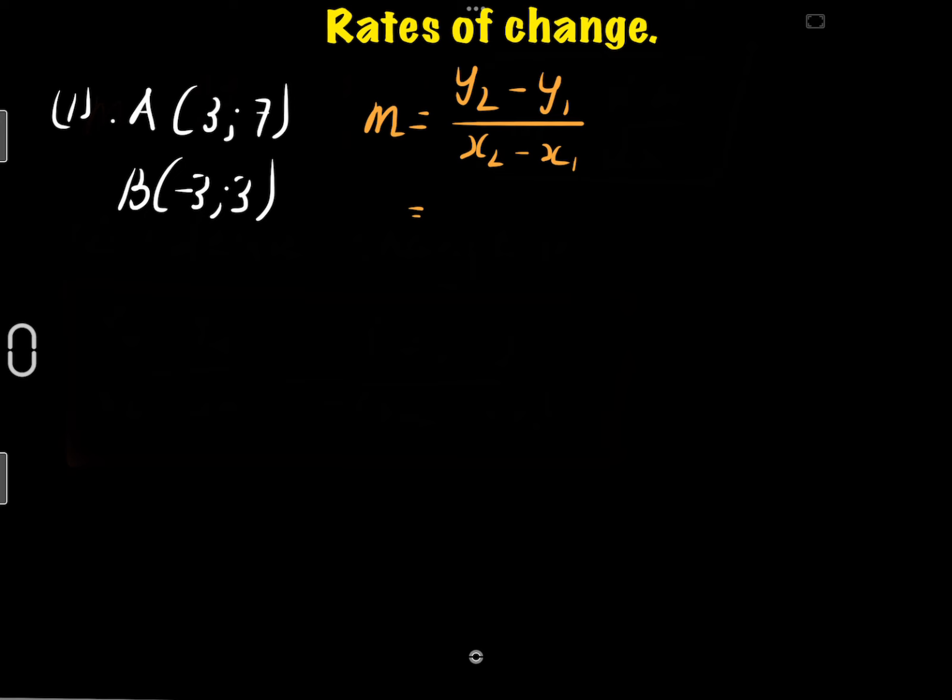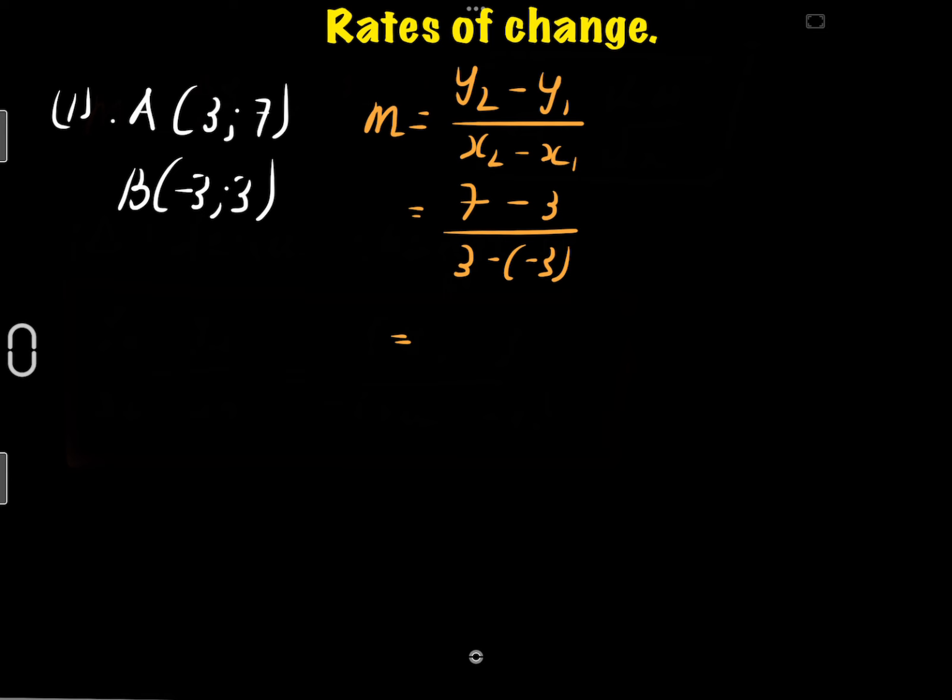So in this case, we have 7 minus 3 over 3 minus -3.